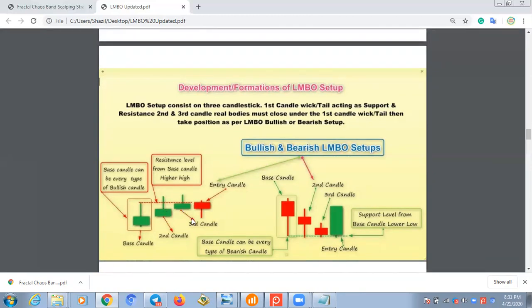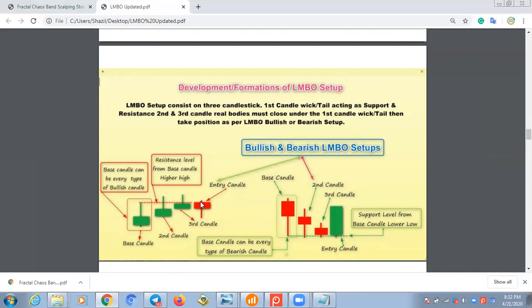And the third candle just crosses the level, rejects, and closes below this level. So the setup is complete here. The body must not cross the level. Just the wick crossing, no worry. The two bodies are closing below this level.